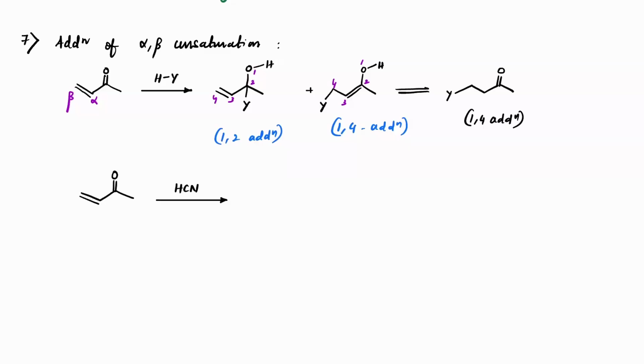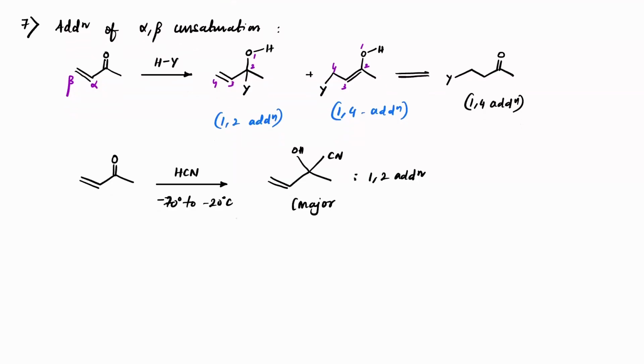If I add it anywhere from minus 70 degrees to minus 20 degrees Celsius, it has been noticed that the major product is OH and CN. This is found to be the major product, which means it is the 1-2 addition product.